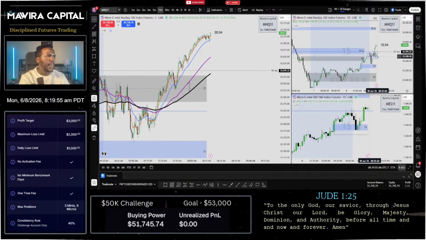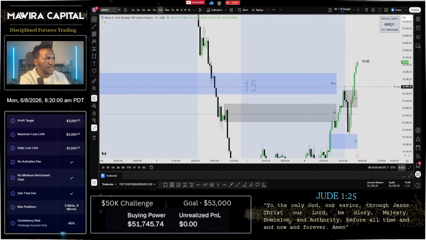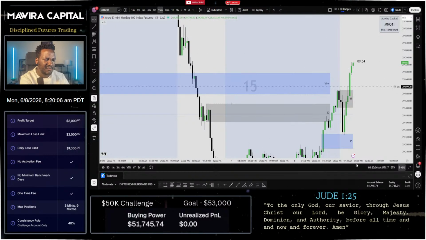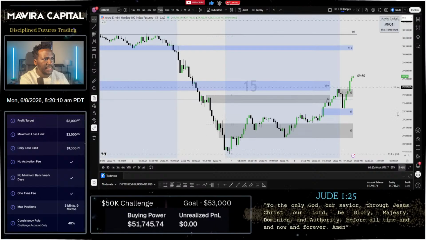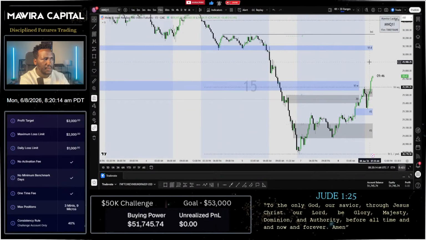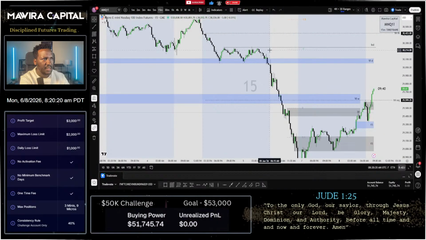Boy. Wait a minute. So, yeah, either way, I'll still have to wait for retracement, because I can just use any other up candles along the way. I think we might be getting up here.